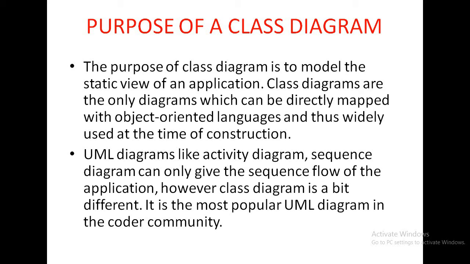Sequence diagram and collaboration diagram describe the dynamic aspect of the system, that means how the sequence flows from one system to another. But class diagram does not represent the sequential flow. It describes only the static view of an application.